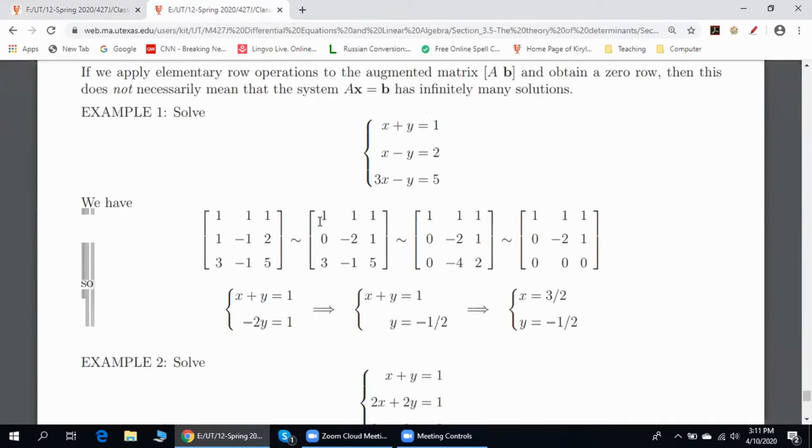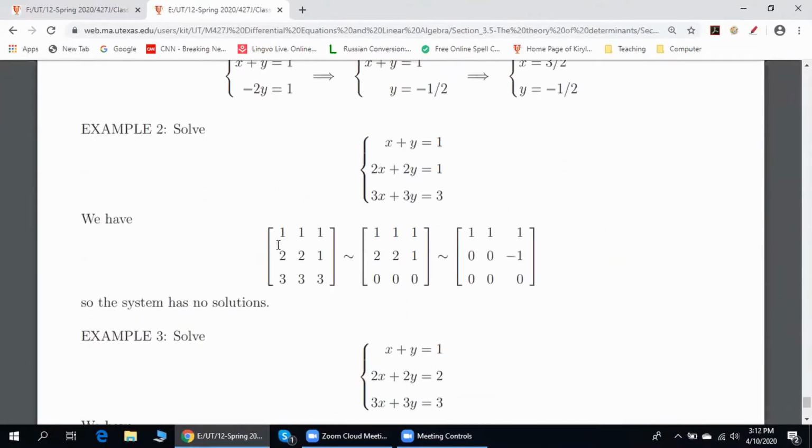So let us consider the following augmented matrix. This. We apply elementary row operations, and we see that there are 2 pivots, which is equal to the number of variables. And there is no row which completely consists of zeros, except for the very last element. Conclusion, our system has exactly one solution.